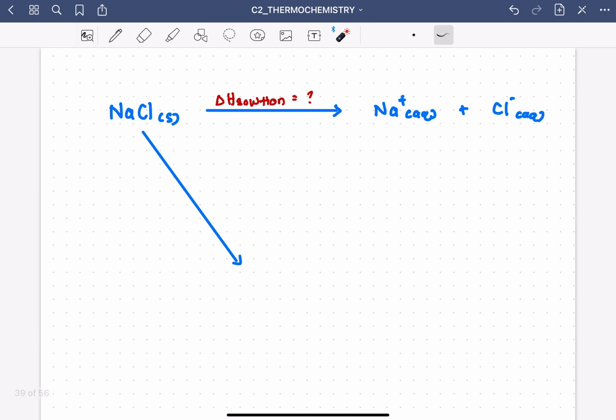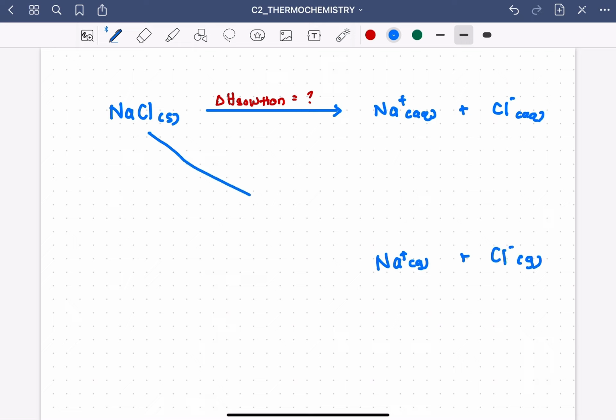So I'm going back to this. Therefore, we are going to get sodium ion gas, wait, I would like to erase it first, sodium ion gas plus chloride ion gas.